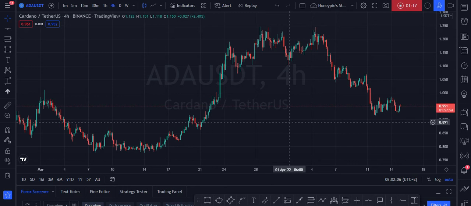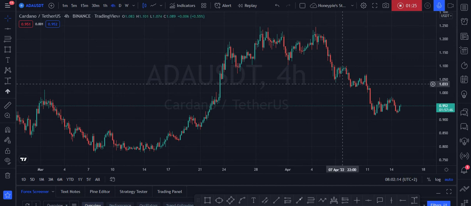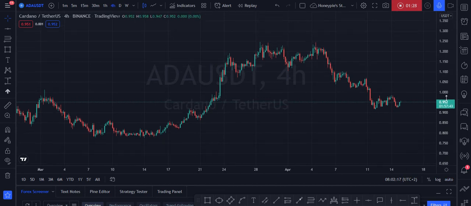But more importantly, horizontal support and resistance are one of the key things every trader needs to know how to identify. Okay, so let's dive straight into the charts.